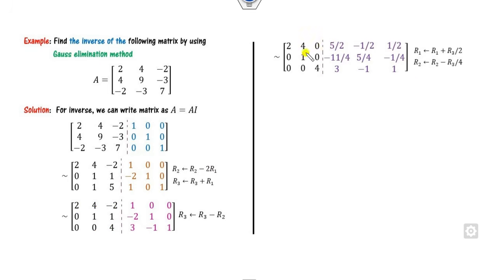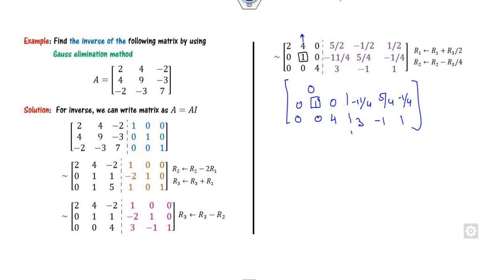Now you have to take this as a diagonal value and make this value 0. So I can preserve the last row. I can preserve this value: minus 11 by 4, 5 by 4, minus 1 by 4, and I can write this. So I need to compute these 5 values. Start from the box element. 0 or 2 minus 0 divided by box.